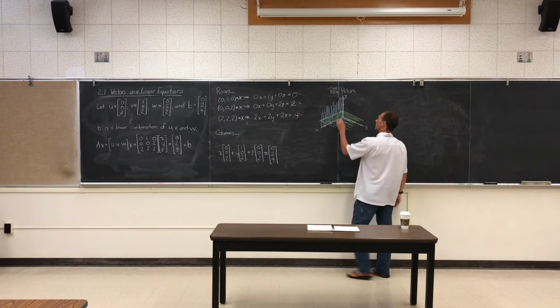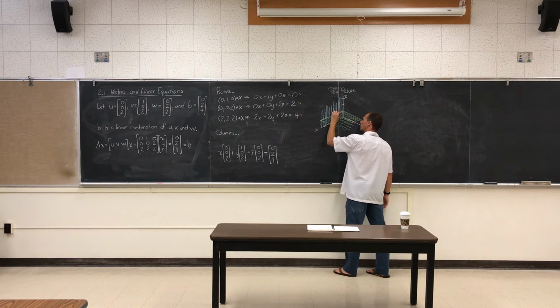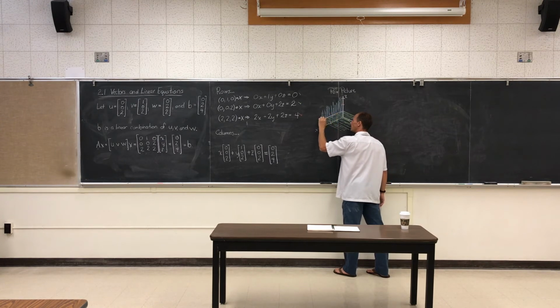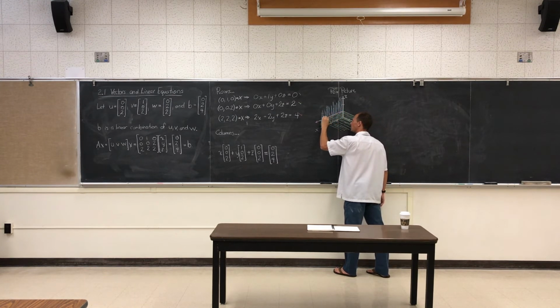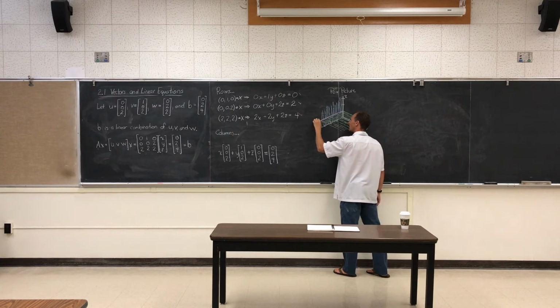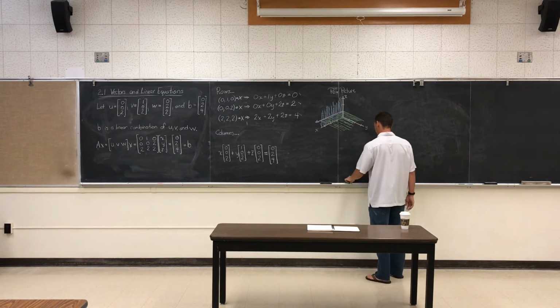And they intersected right here where z is always 1. So the intersection of 2 planes right here is this line. It's an entire line of possible solutions at z is 1. So let's make a note of that.